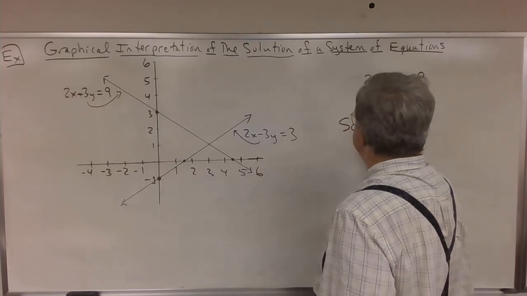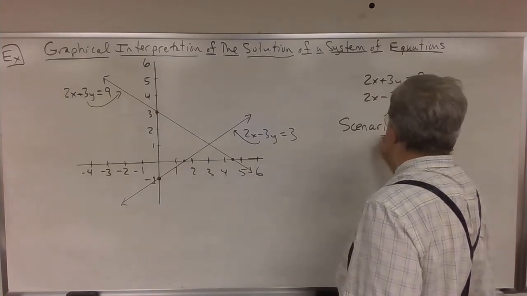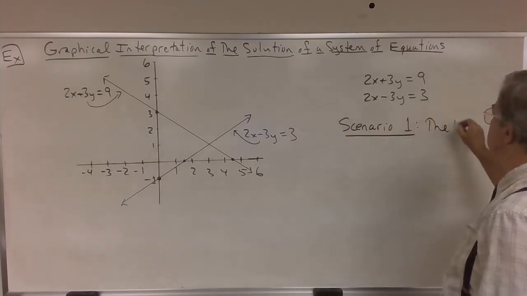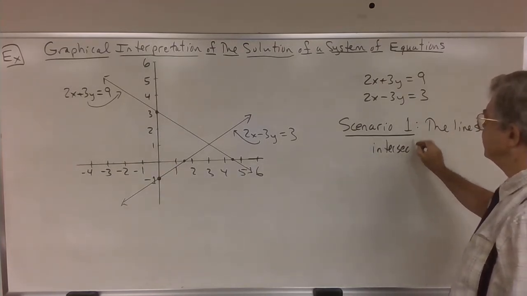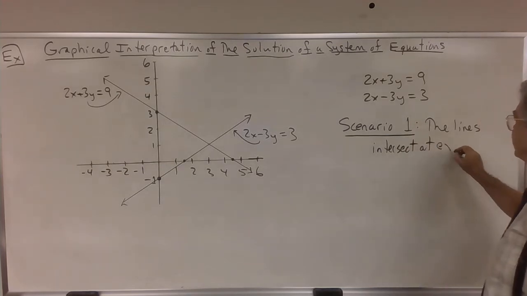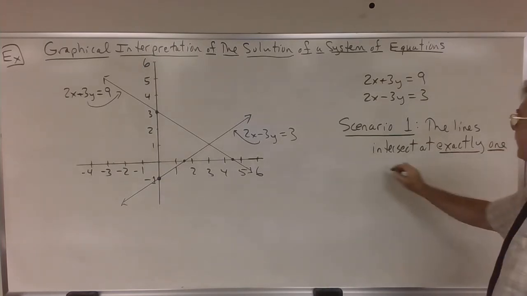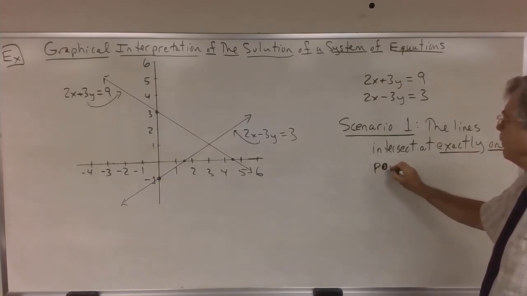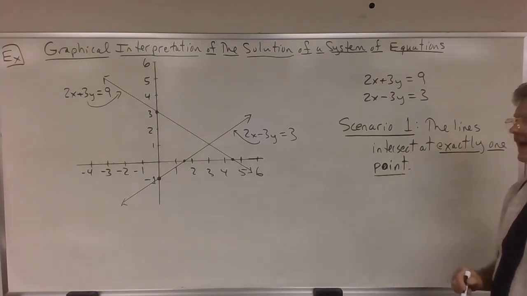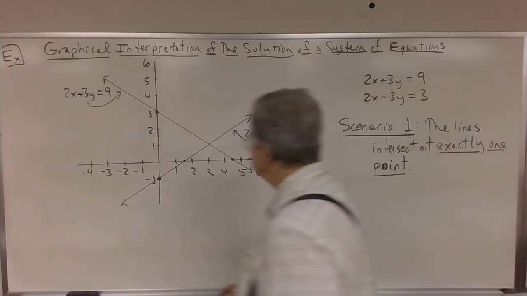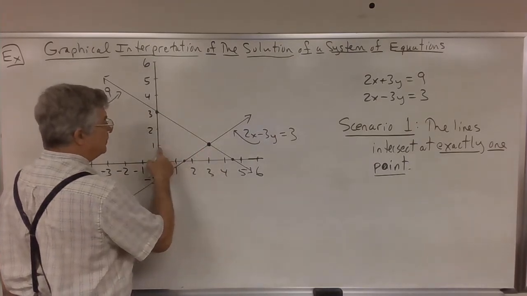So here's the first thing that can happen. The lines intersect at exactly one point, and let's see what point this is. x equals 3, y equals 1.